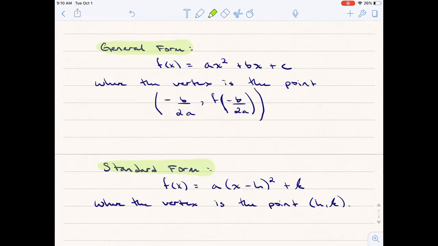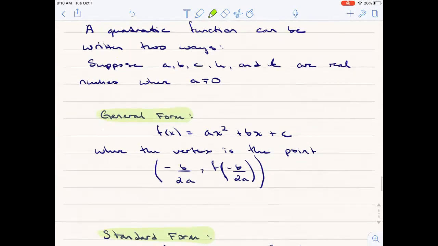They're the same thing. They're both quadratic equations, just written in different forms. And regardless of the form that you have, you can probably easily get to the general form or the standard form, and then you know what the vertex is. Okay.